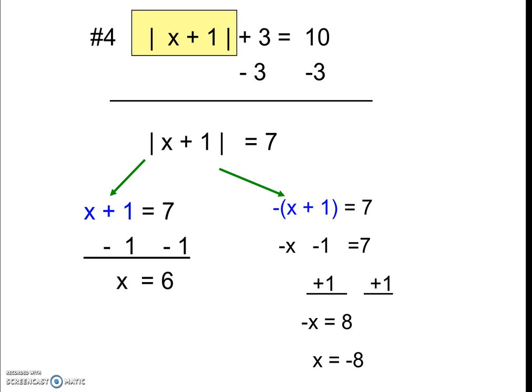At some point, you're going to think, oh, if I get one answer, it'll be 6. Then the other one must be -6. Did that work out on this one? No, not so much. So don't fall into that trap. Don't fall into the trap of thinking, well, if I find one of them, the other one has to be just the negative. Okay?